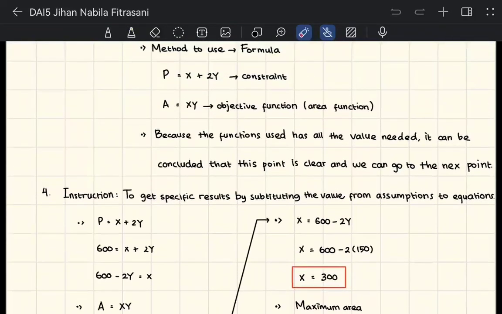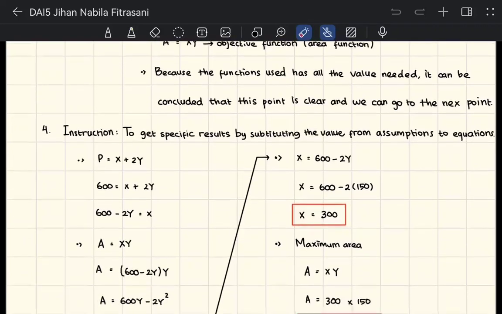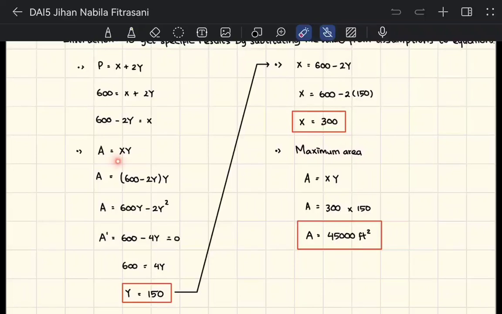Then because we have the objective function, which is the area function, A equals x multiplied by y. We put the value of x, which is 600 minus 2y, into the area function. So we get A equals 600 minus 2y multiplied by y, and A will be 600y minus 2y squared.